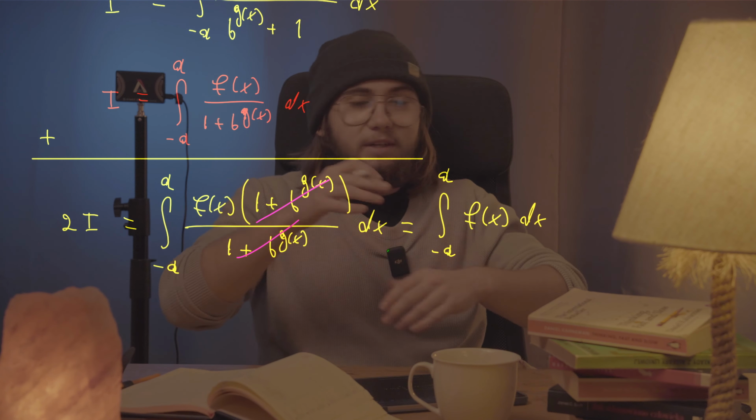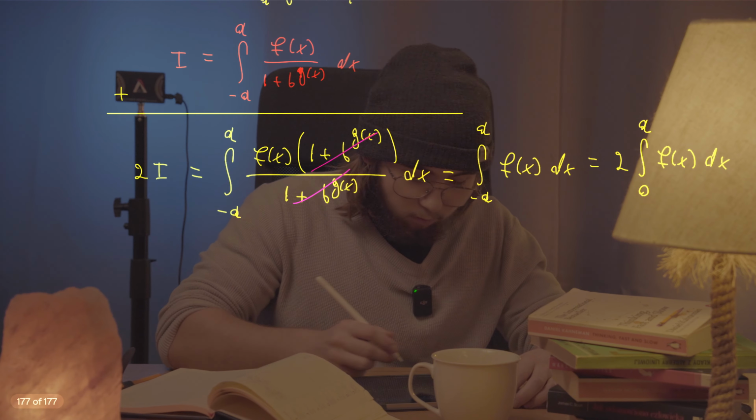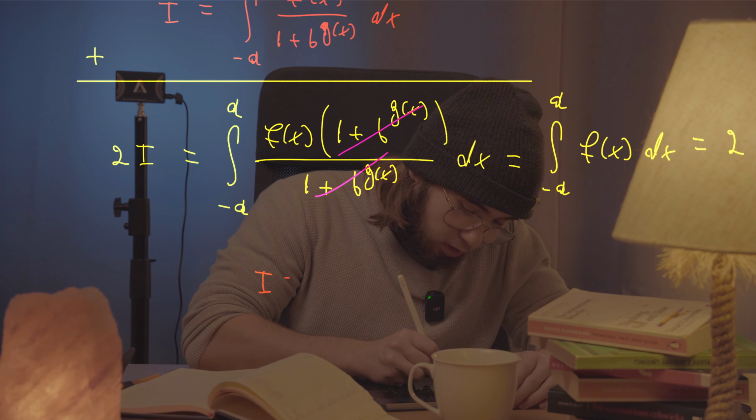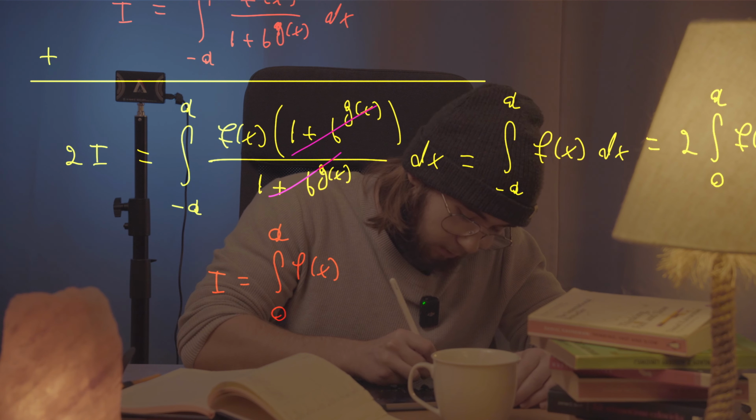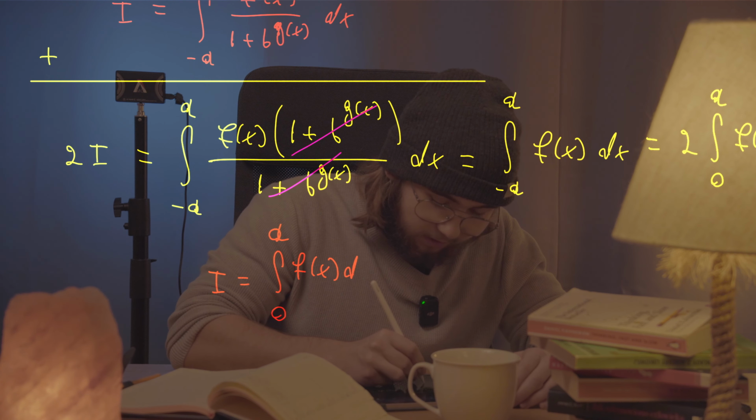So this is exactly the same as just multiplying the integral from 0 to a of f of x by 2, but now we can just go on and divide out those 2's here and here, getting overall that our original I was equal to the integral from 0 up to a of f of x dx.